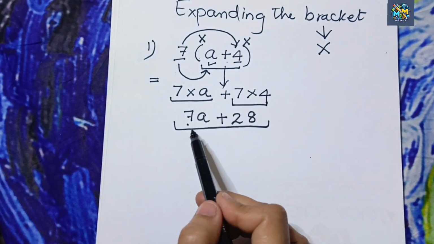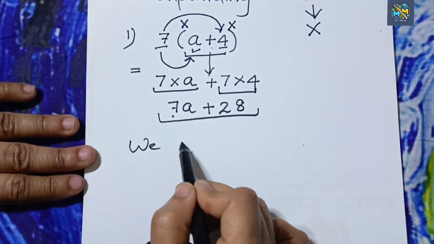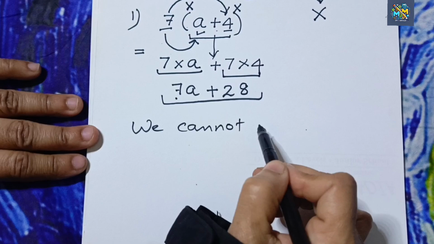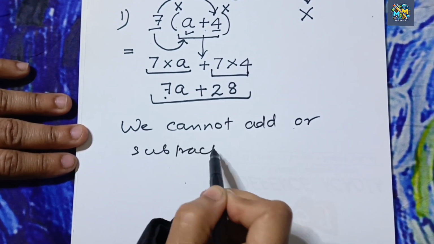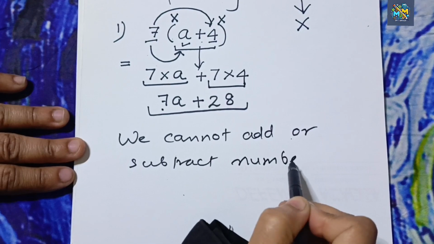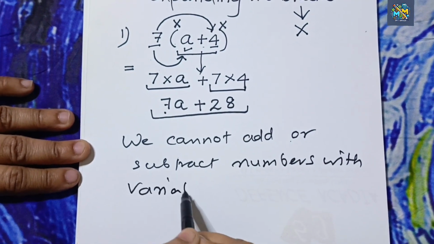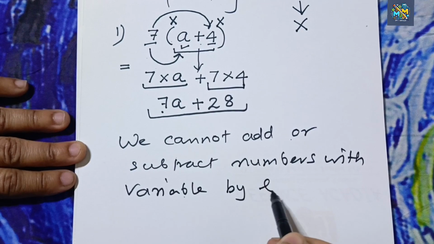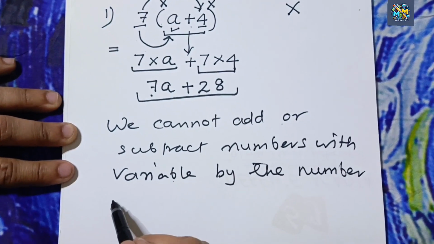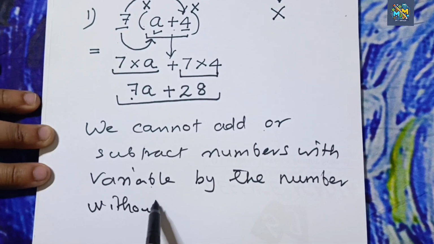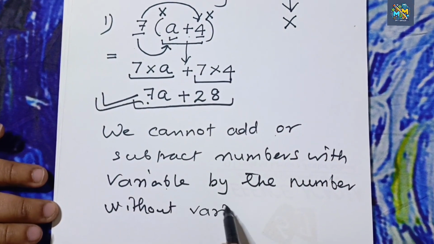So we cannot add or subtract numbers with a variable and numbers without variables, the way we can see over here, without variables.